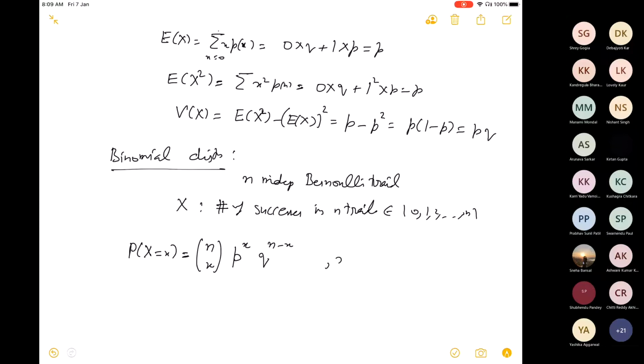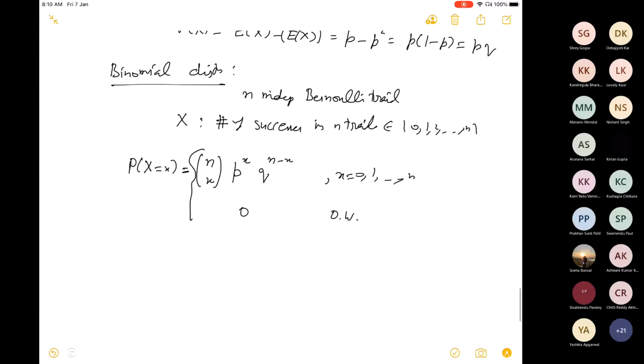So x is 0, 1, 2, up to n, and 0 otherwise. So this is the binomial distribution, X is binomial n comma p. You can find out the mean and variance by the direct method.